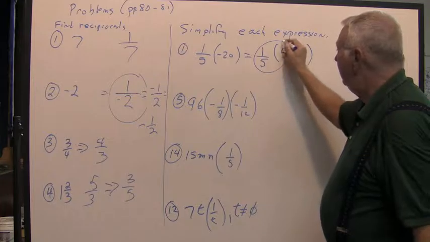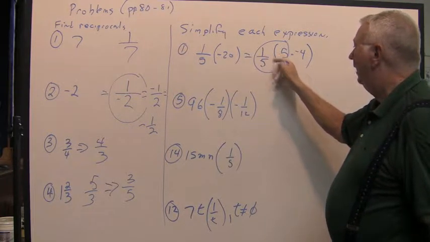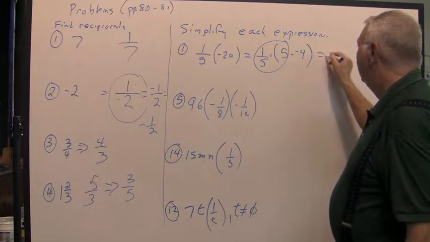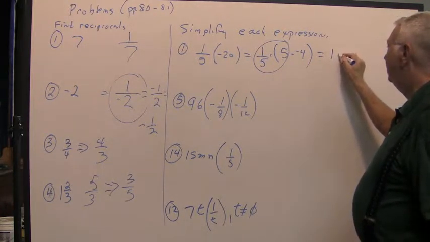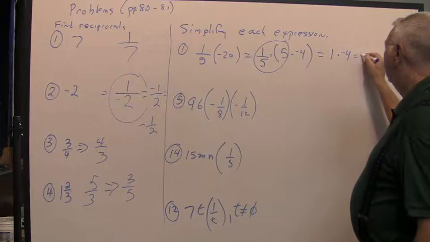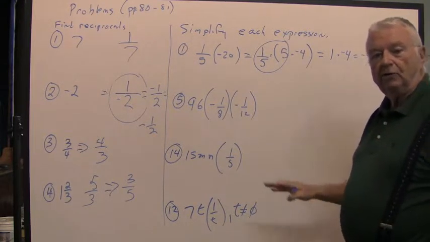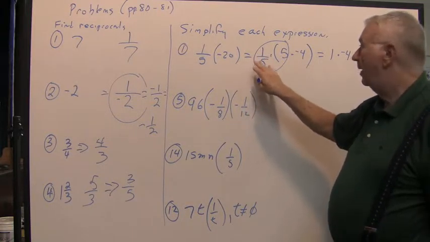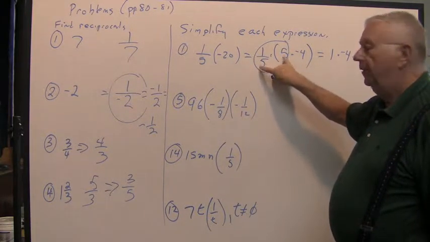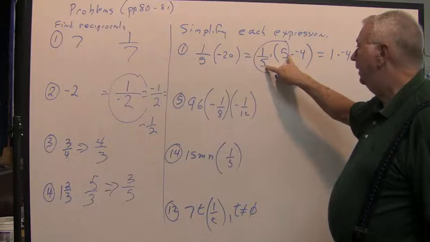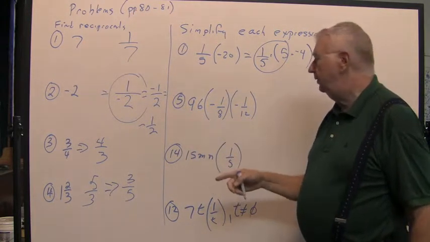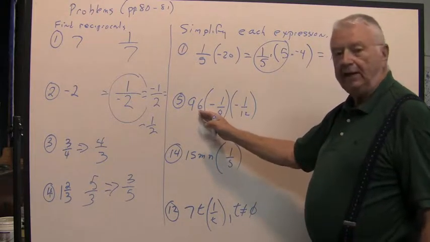Now we can see here 1/5 times 5, a number times its reciprocal is 1. So that's going to come out to be 1 times -4, which is -4. So it's a simple way of working your expressions by finding reciprocals within the products.